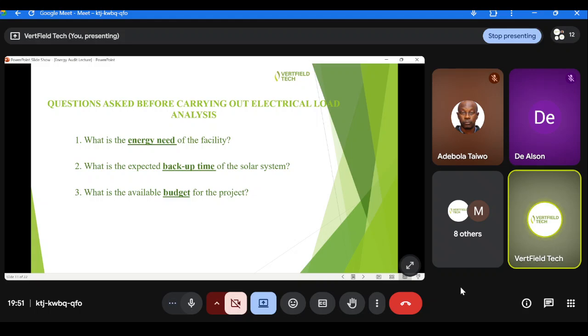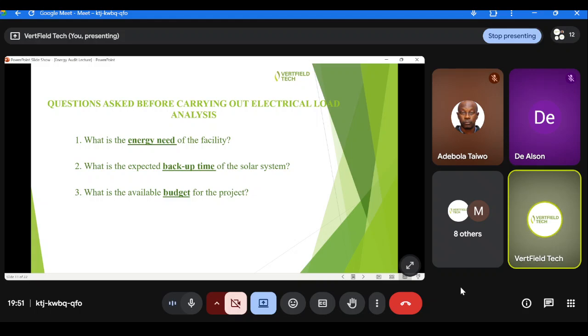So when there is no energy being generated from the solar panels, how long would the energy stored in the battery system run for? That is what backup time simply means. It is in hours: 1 hour, 2 hours, 3 hours, 4 hours, 5 hours, 10 hours. The higher the backup time, the higher the cost of installation.